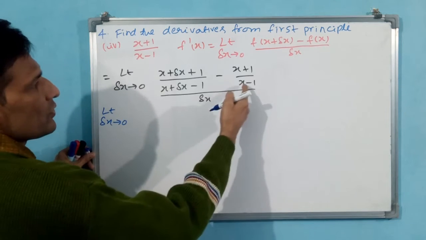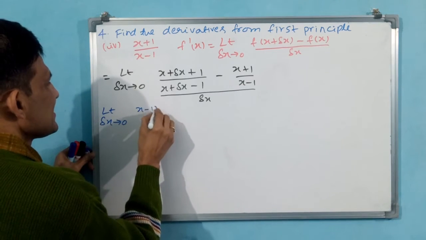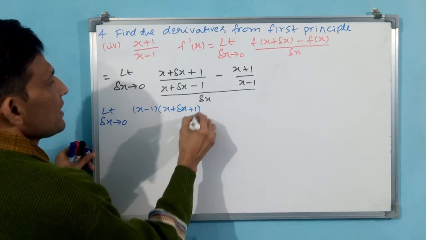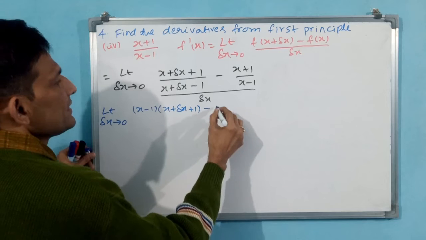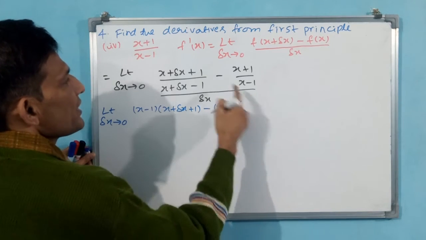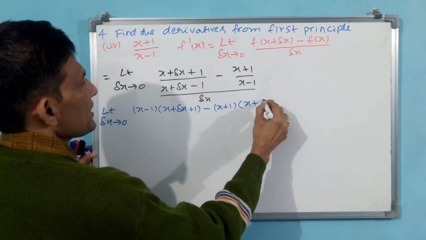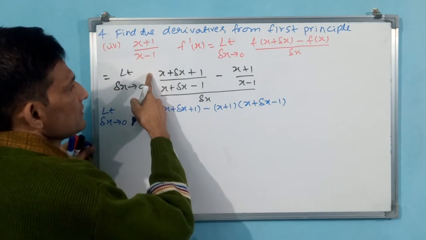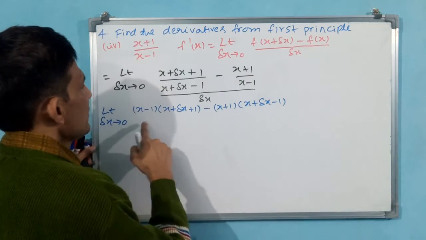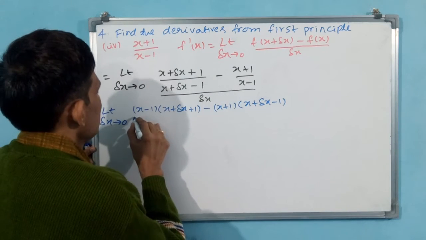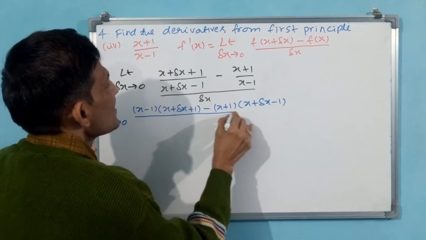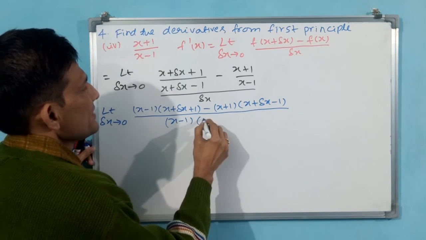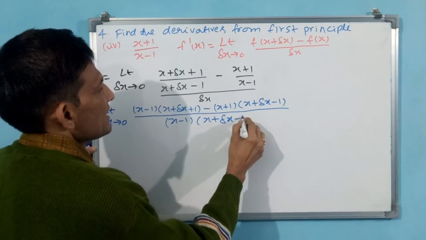Limit delta x tends to 0, x minus 1 into x plus delta x plus 1 minus x plus 1 into x plus delta x minus 1, this is over x minus 1 into x plus delta x minus 1.